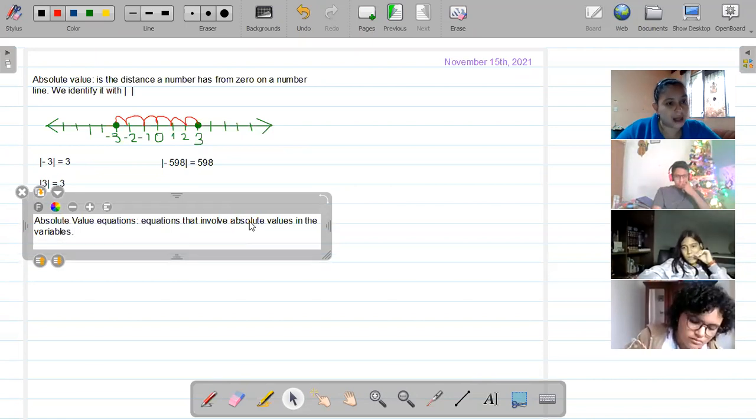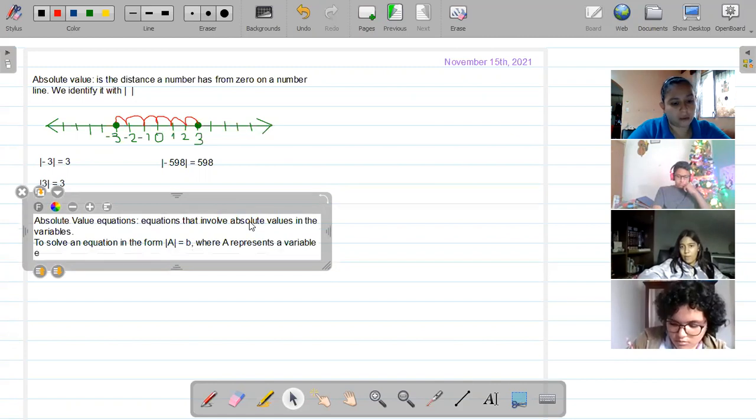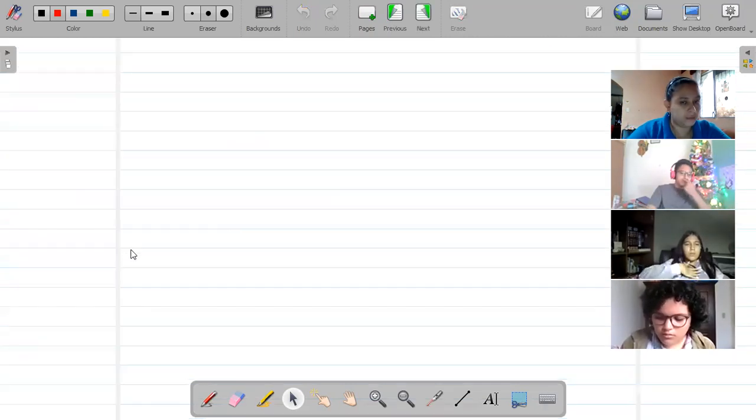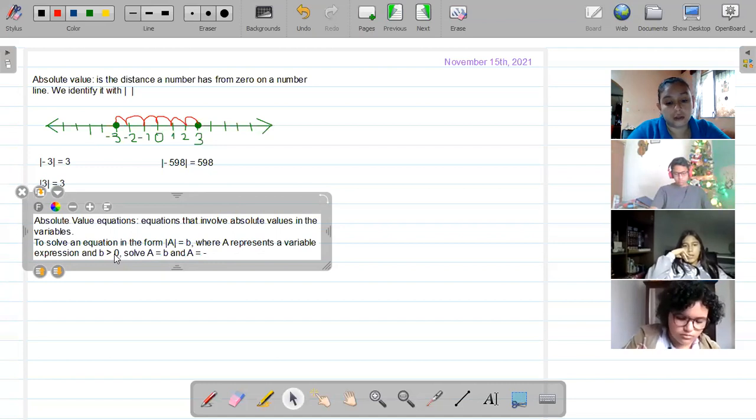And how do we solve an equation that has an absolute value? To solve an equation in the form absolute value of A equals B, where A is a variable or a variable expression, and B is greater than 0, then you solve A is equal to B and A is equal to -B.